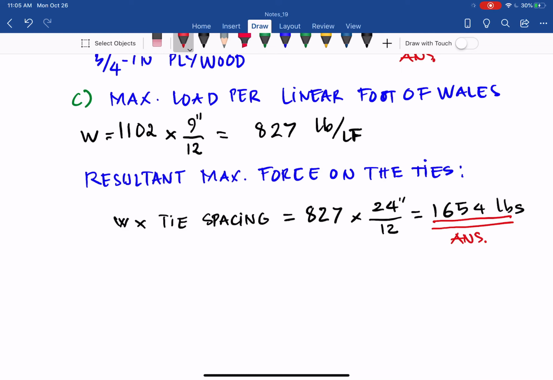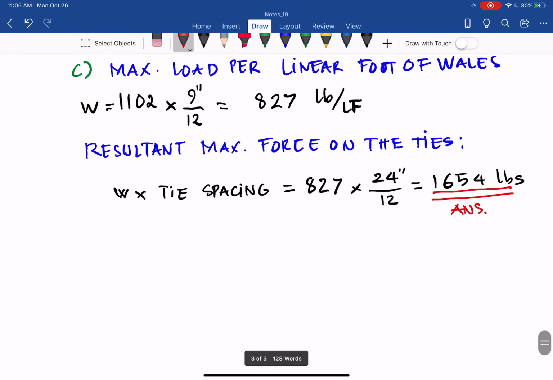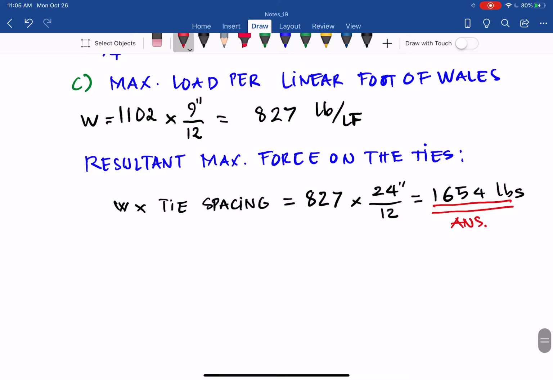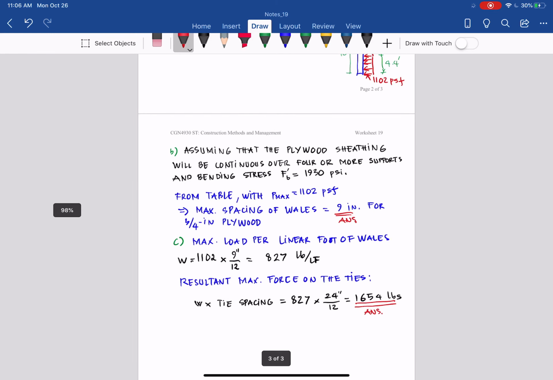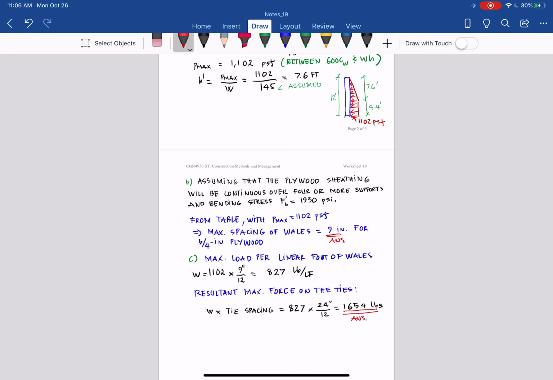So when you select the tie, it needs to have the allowable force greater than 1,654 pounds. And that is for problem 1, and the only problem in concrete form design 3.